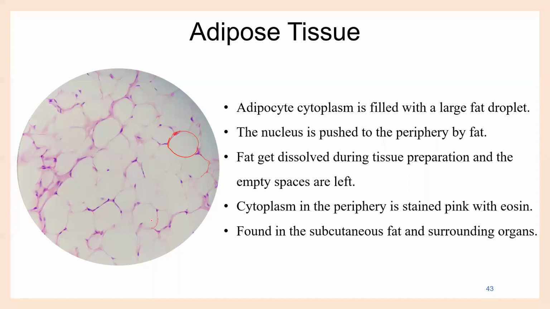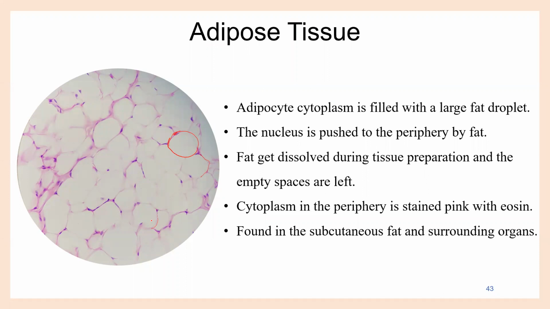Okay, so this is what an adipose tissue will look like, and adipose tissue is found right underneath your skin. So the hypodermis of the skin is made out of fat, right? So this adipose tissue, and underneath that also you get the subcutaneous fat underneath the skin, and also surrounding organs within body cavities like the peritoneal cavity.